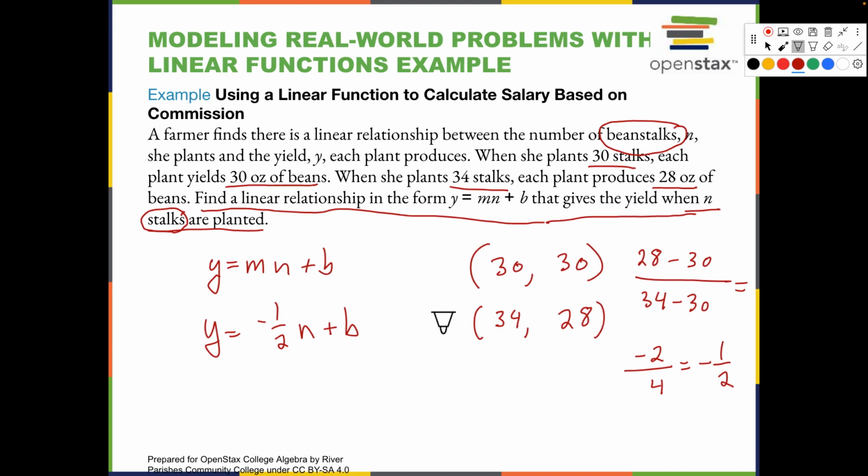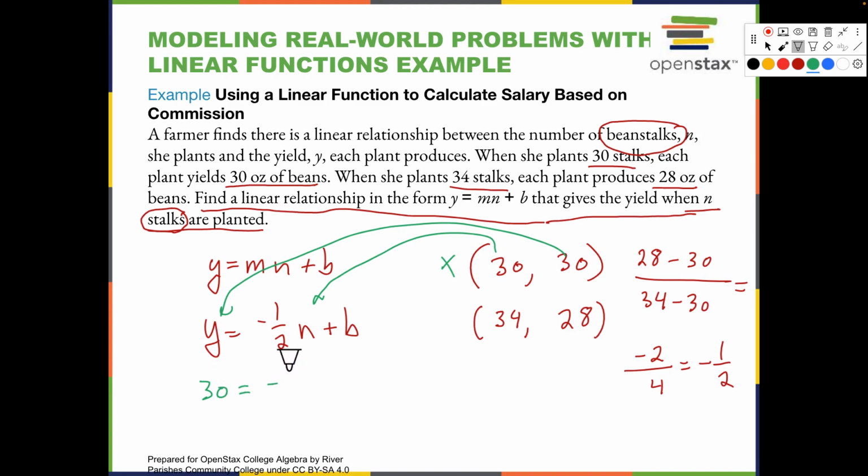What I like to do is, we've got a y value and an n value, or x is what I like. We can choose one of these points, and it doesn't matter which one. Maybe 30-30 is a good point to choose because it's hard to mess up, right? If I plug in 30 for n, the result will be 30 for y, so these will be taken care of, and I'll be able to solve for b.